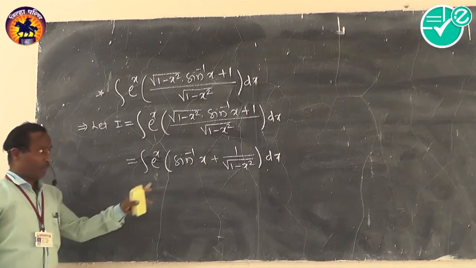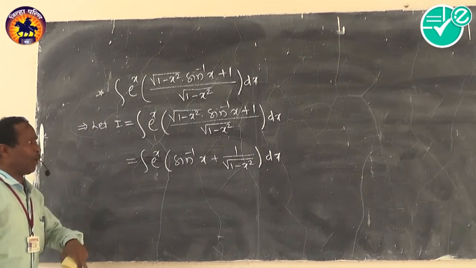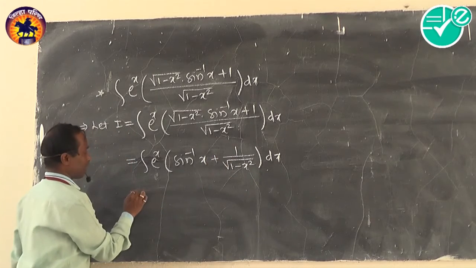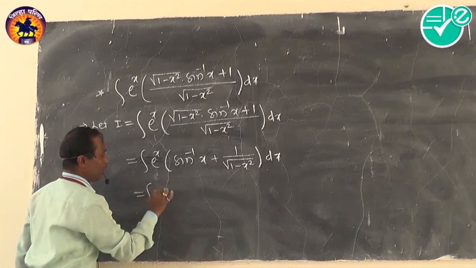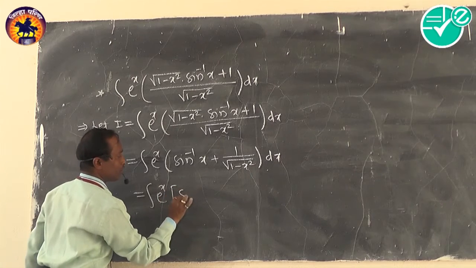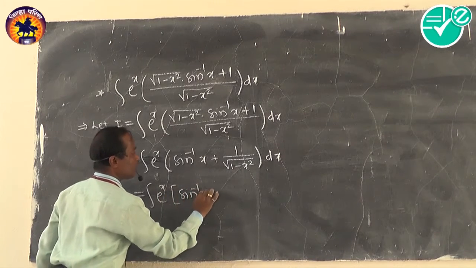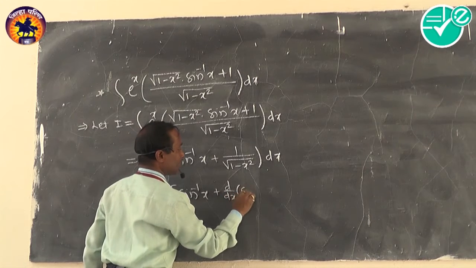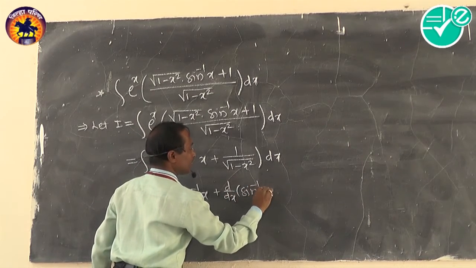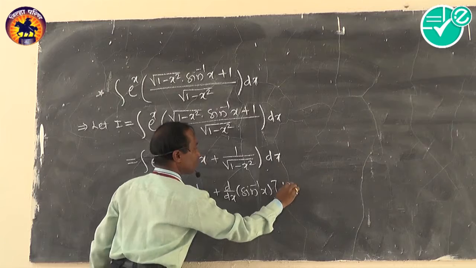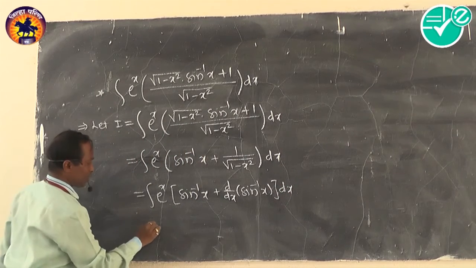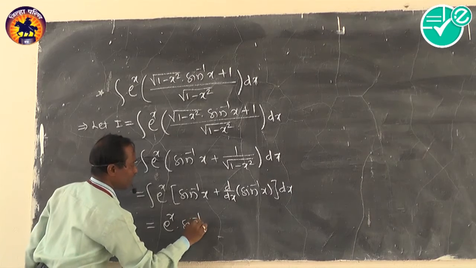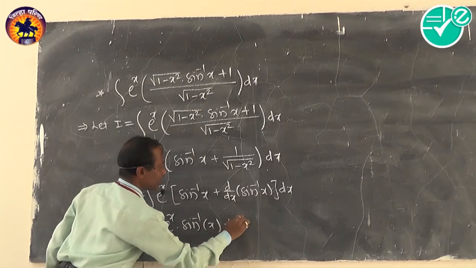Now what is the derivative of sine inverse of x? The derivative of sine inverse of x is 1 upon root 1 minus x square. Integral of e raised to x into (sine inverse of x plus d by dx of sine inverse of x) dx, and the integration of this function is e raised to x into sine inverse of x plus c.